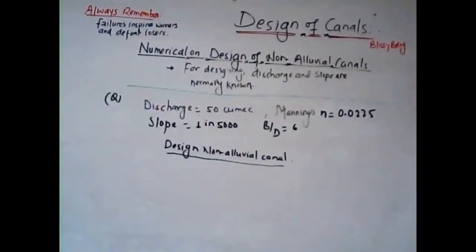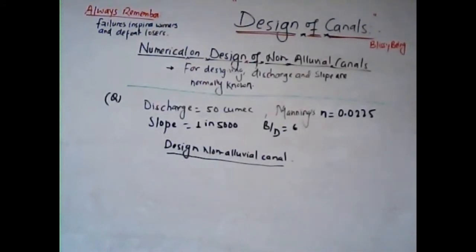Now we have the numerical portion of the design of non-alluvial canals. For designing this canal, generally the discharge and the slopes are known. We need to know parameters like discharge and side slopes before designing.